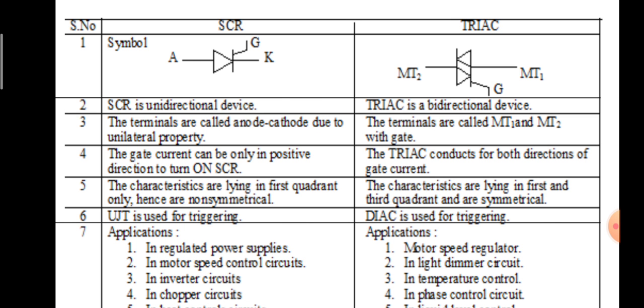In the SCR, the terminals are called anode and cathode due to the unilateral property. In the triac, the terminals are called MT1 and MT2 with a gate.